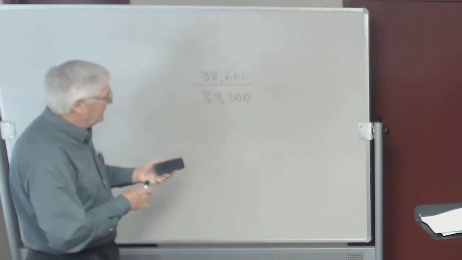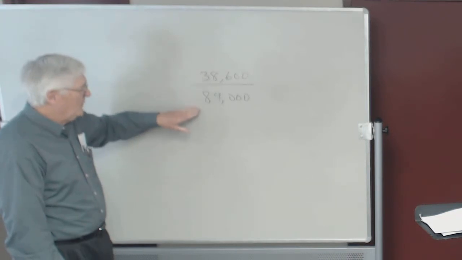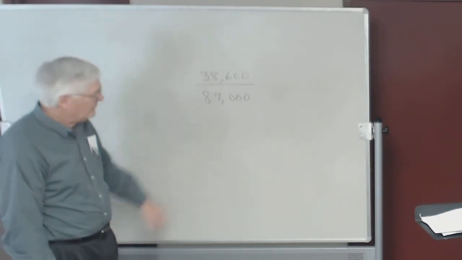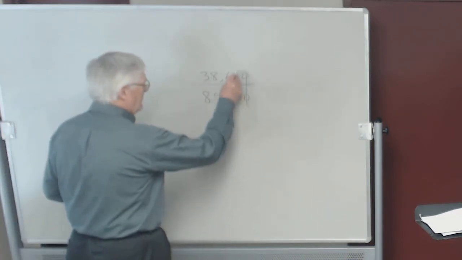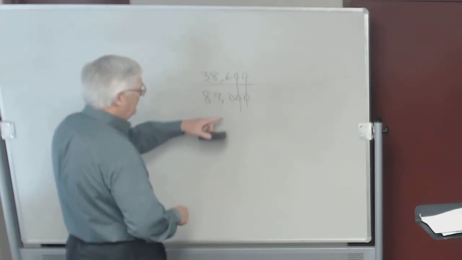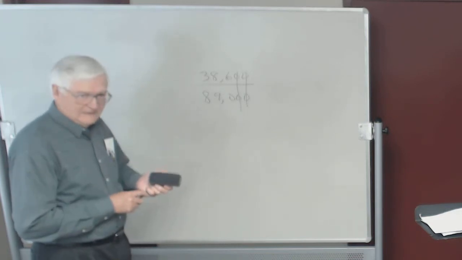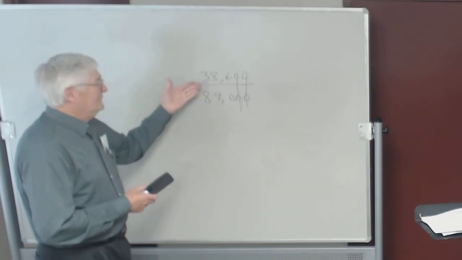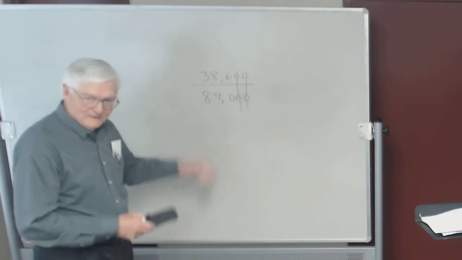So the probability is 38,600 over 89,000. Which is about what? 386 over 890. So watch this. That's about 40 over 90.